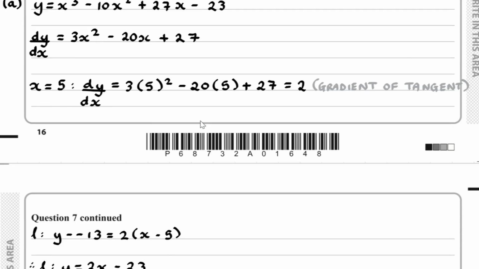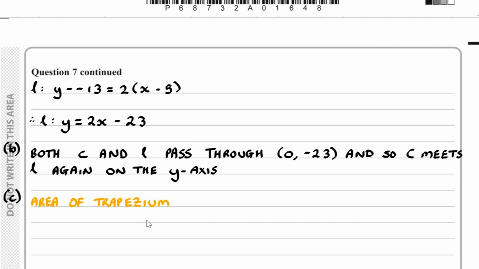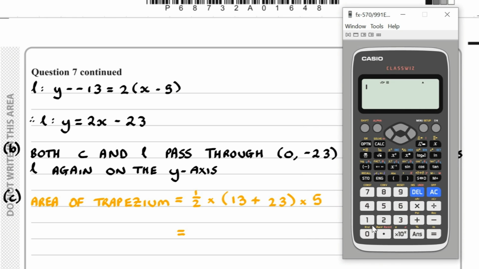So to begin with, the area of the trapezium is 1/2 lots of the sum of the parallel sides, 13 plus 23, multiplied by 5. So we've got 1/2 multiplied by 13 plus 23, lots of 5, which is 90.